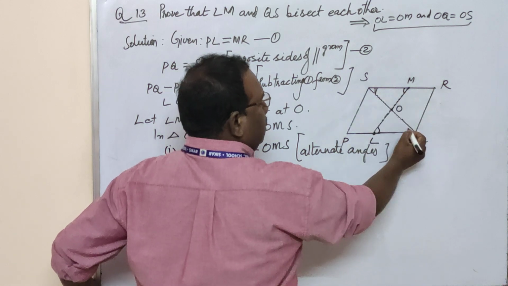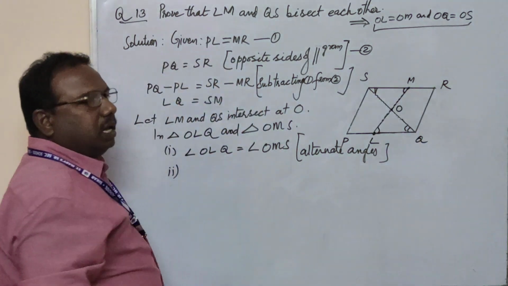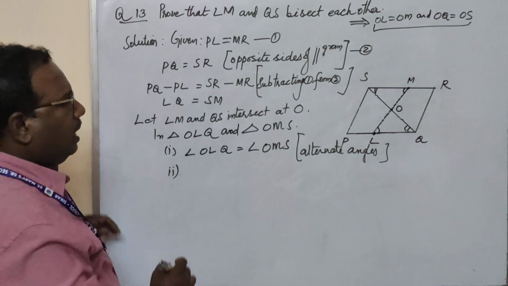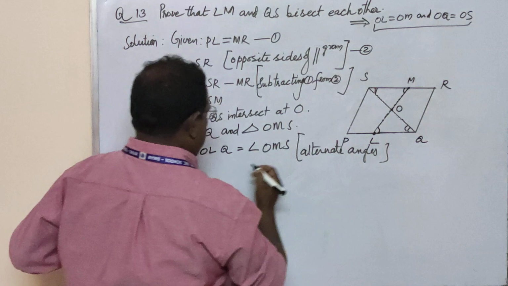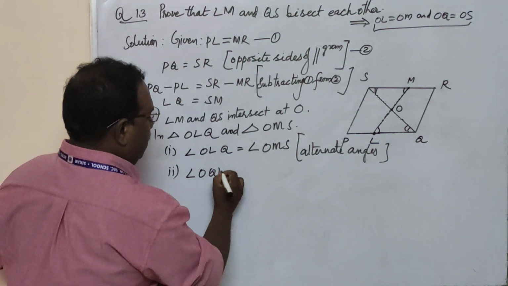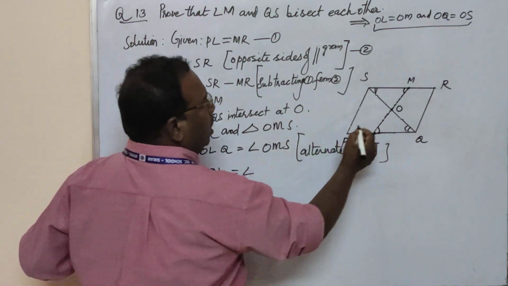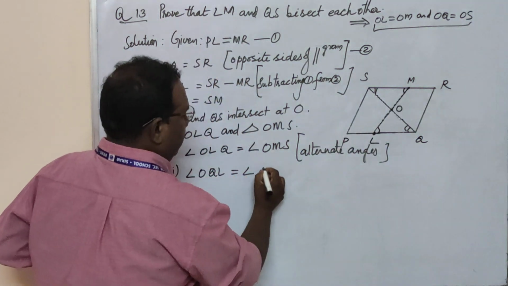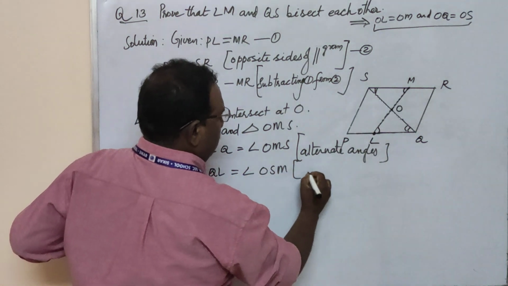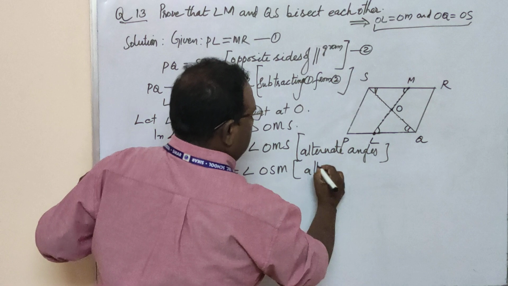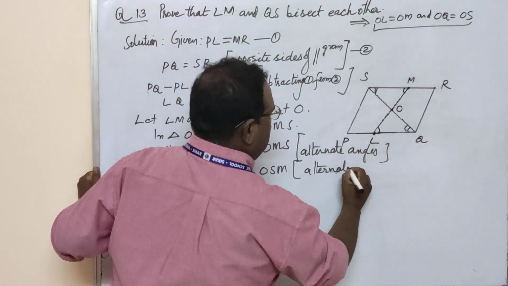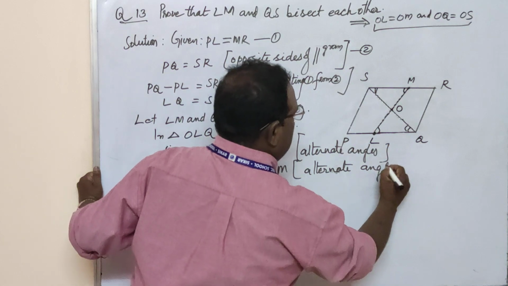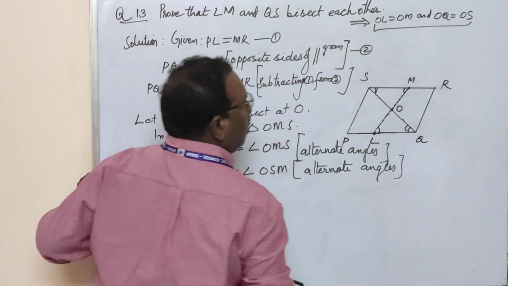They are the other pair of alternate angles. So let's write angle OQL is equal to angle OSM. Reason: these two angles are also alternate angles. Alternate angles are equal.